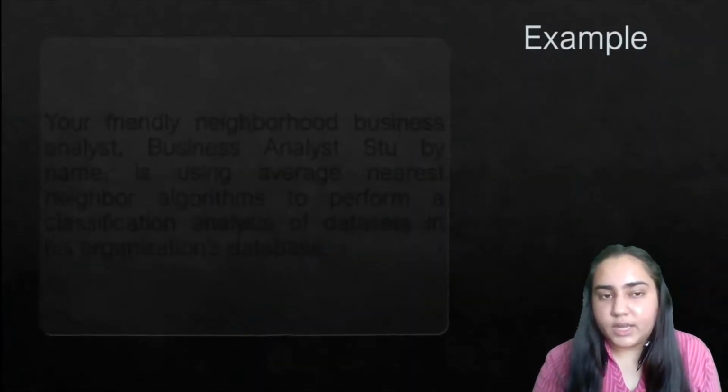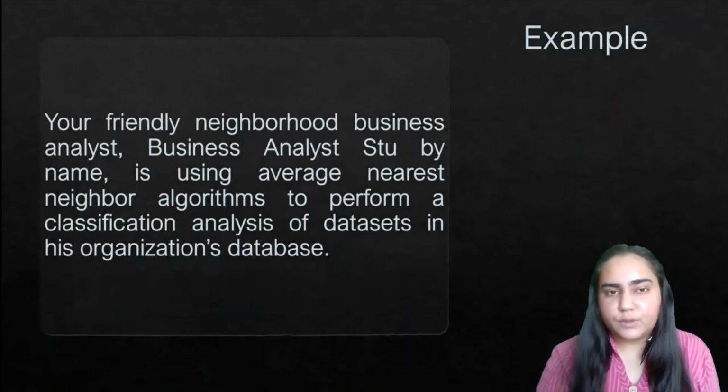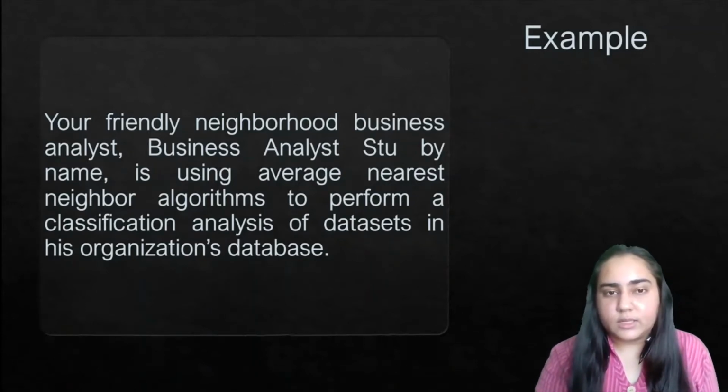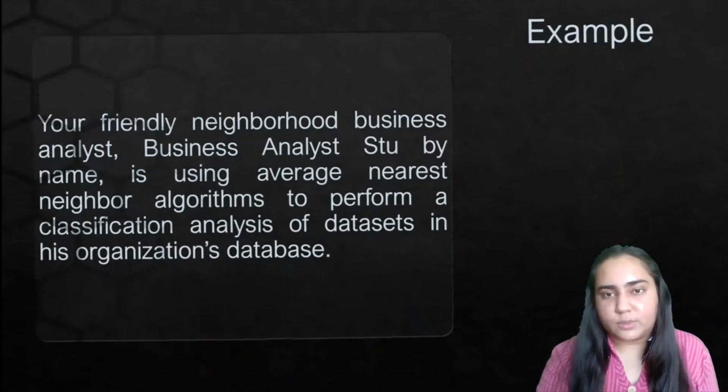Let's take a look at an example. So your friendly neighborhood business analyst, let's call him business analyst Stu, is using average nearest neighbor algorithms to perform a classification analysis of data sets in his organization's database.